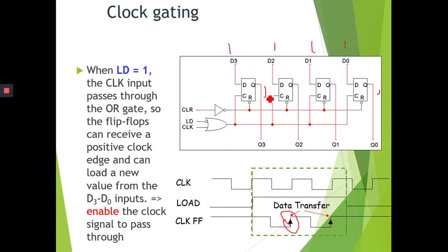So 1 will go into each flip-flop, down to flip-flop 0. Whenever the load is 1, it allows the clock to pass and lets the flip-flops update to the new value from the inputs D0 until D3.